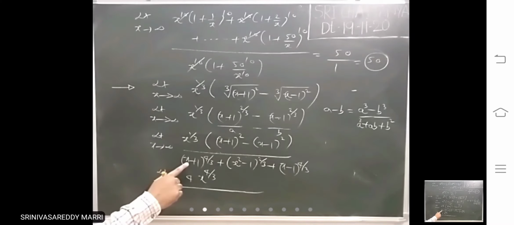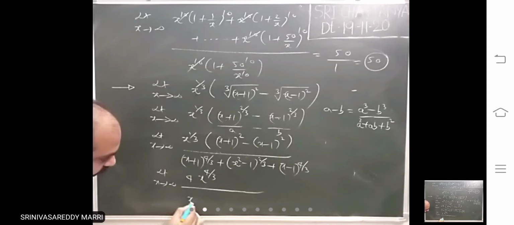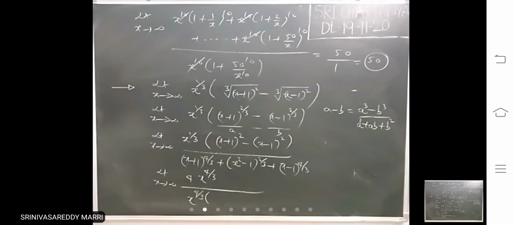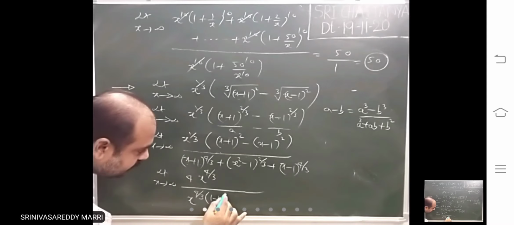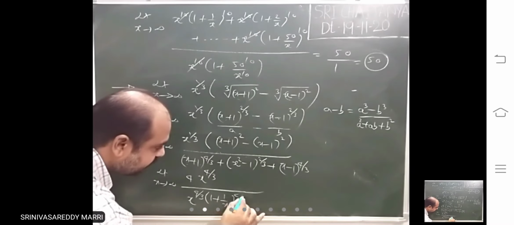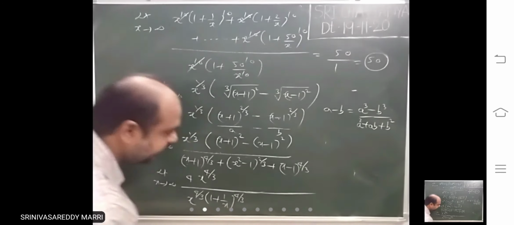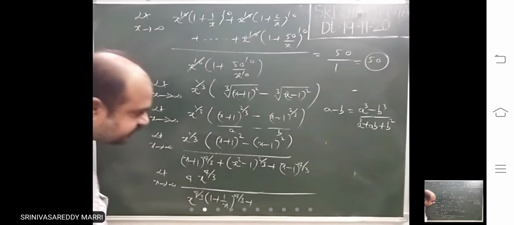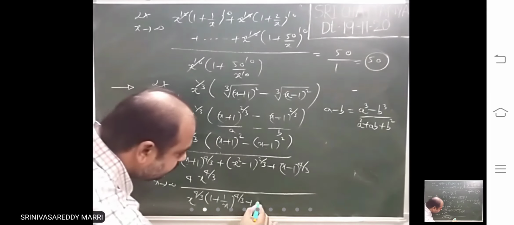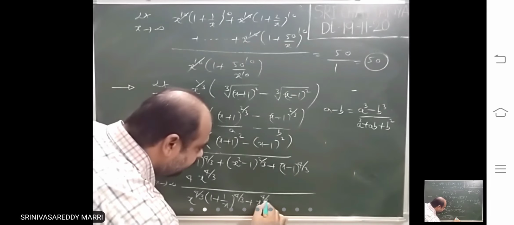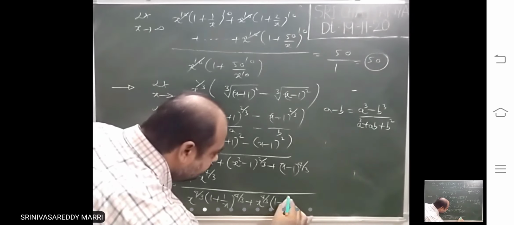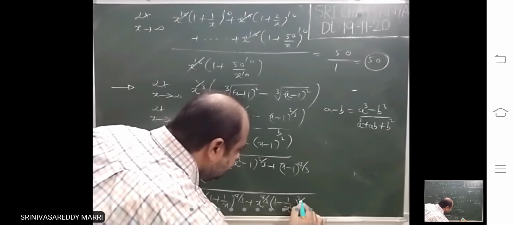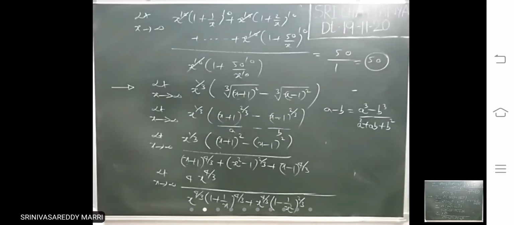Now look at the individual terms, I am taking common. If you take x power 4 by 3 common, you will get x power 4 by 3 into (1 plus 1 by x) whole power 4 by 3. Like that you take common. Here x square you take common, outside x power 4 by 3 into (1 minus 1 by x square) whole power 2 by 3.